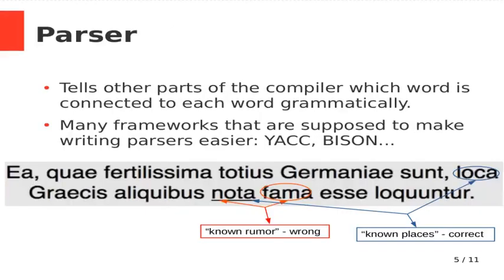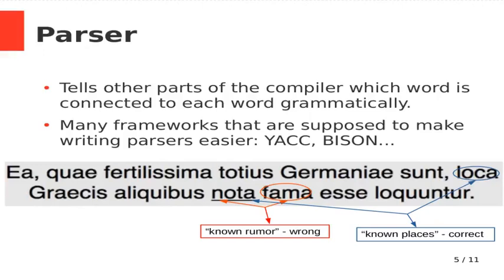Then after the Tokenizer or Lexical Analyzer comes the Parser. The Parser is the part of the compiler that tells other parts of the compiler which word is connected to which word grammatically, that is syntactically.